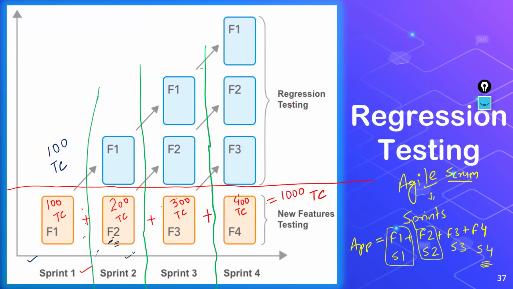But at the same time, you have to test the feature F1 again. You have to test it again because you have made changes in the system, and those changes to implement feature F2 could have caused errors in the previously implemented feature F1.